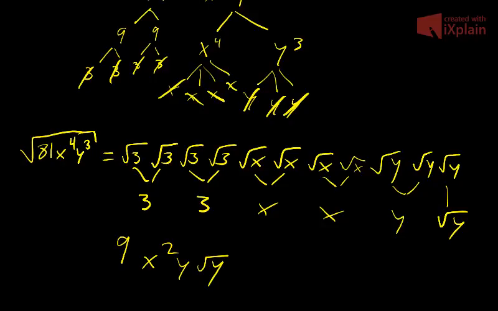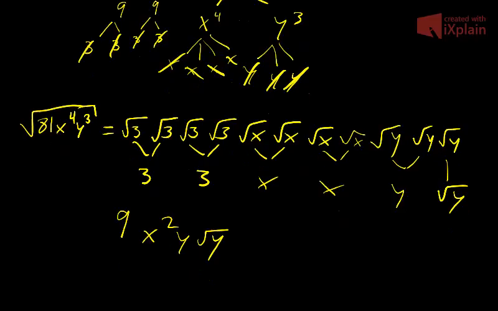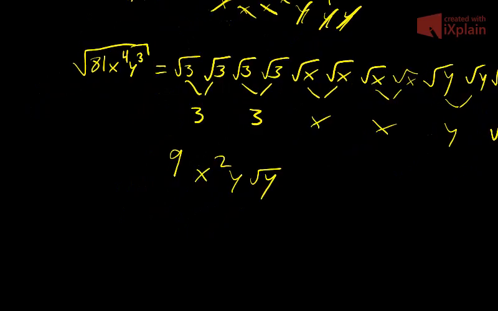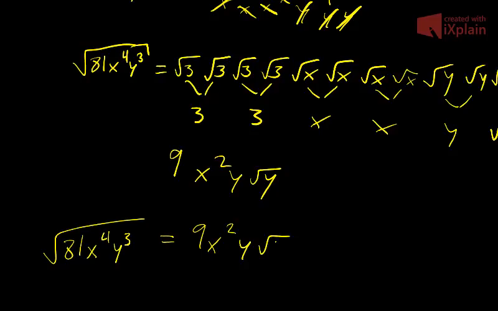But real quick, I want to look one more time at the original problem and our answer. So I have the square root of 81 x to the 4th y cubed equals 9 x squared y root y. So if we look, we know that the square root of 81 is 9, so we could have just pulled that out. X to the 4th, if we half that number right here, we get a 2.